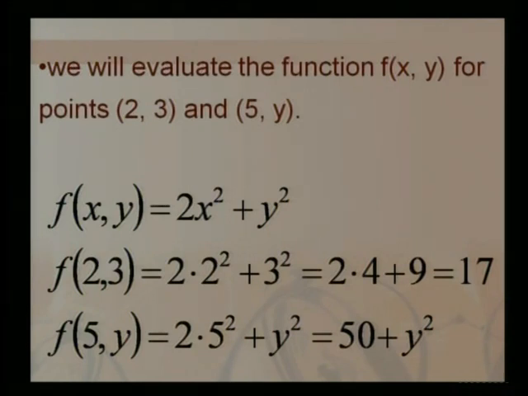In the second, when we put x equal to 5 and keep y as it is, we get the value of the function f at (5, y) as 2 into 5² plus y², that is 50 + y².